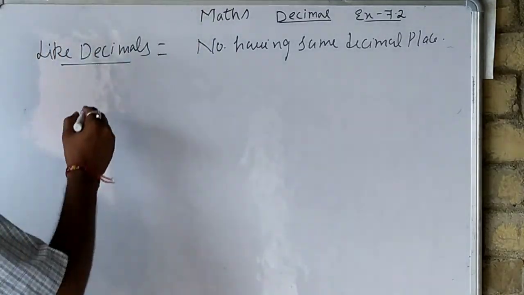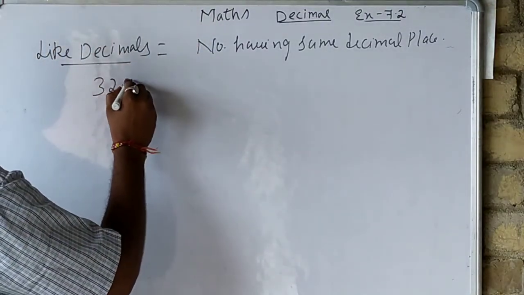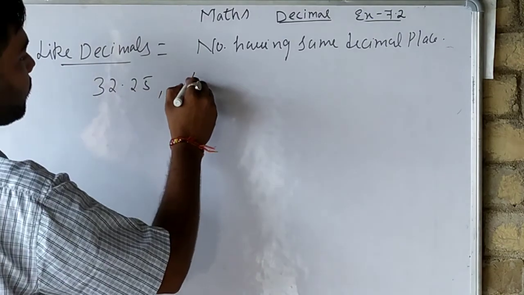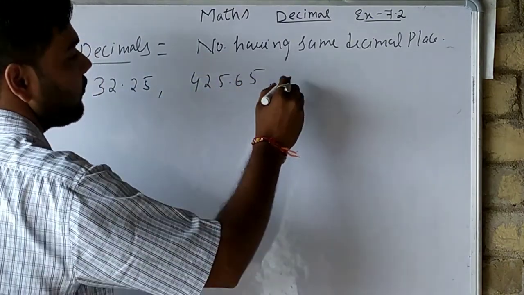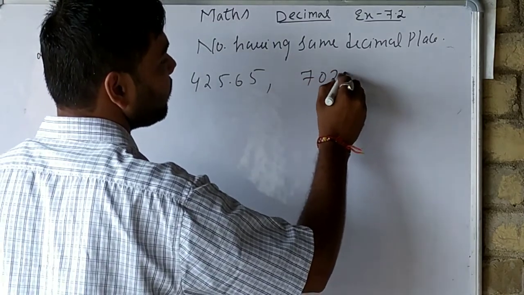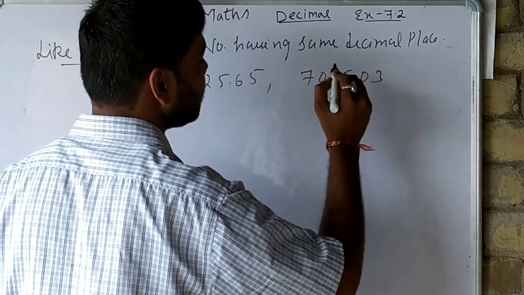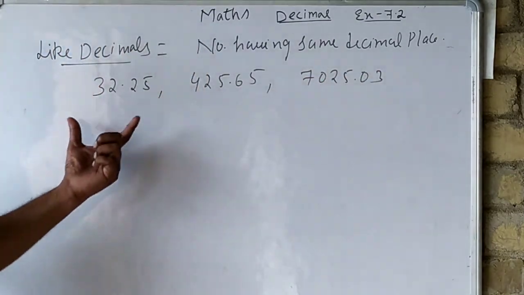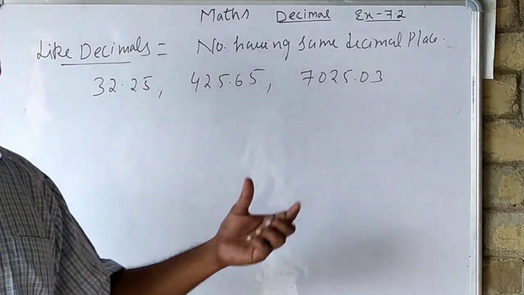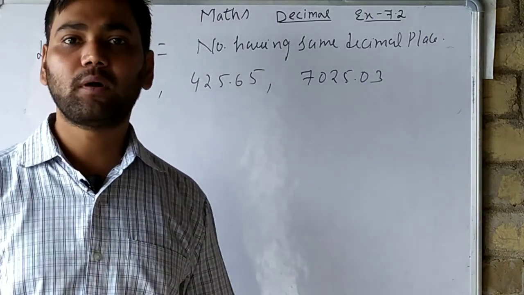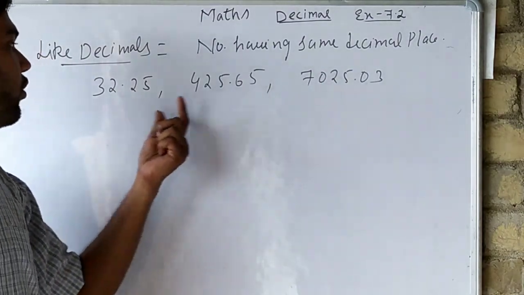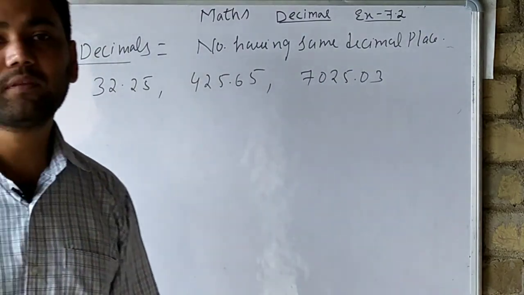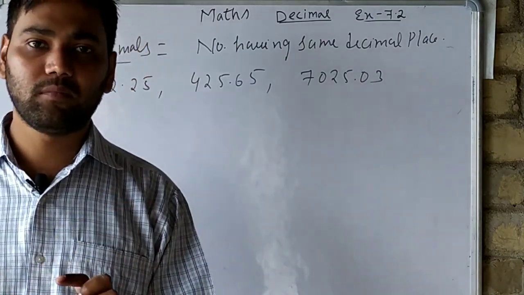For example, we will have 32.25, then 425.65, 7025.03. All the numbers are different from each other, but the common thing is that in all three the decimal places are the same.